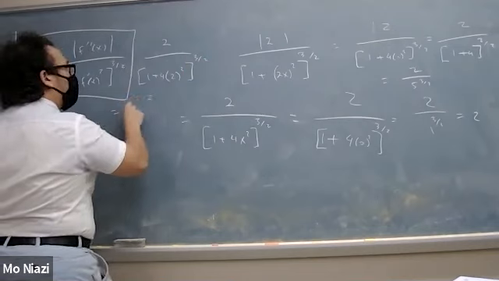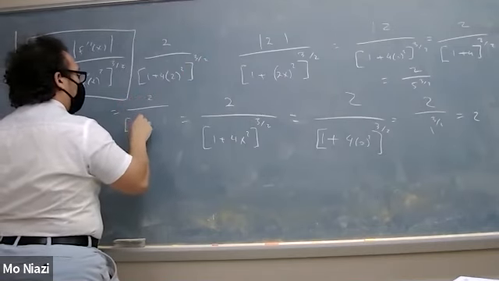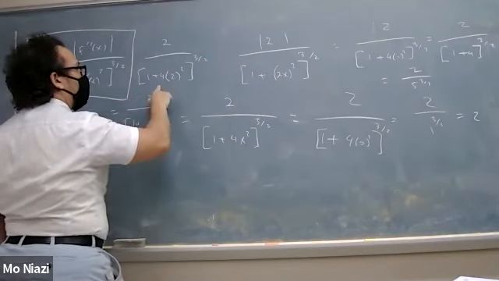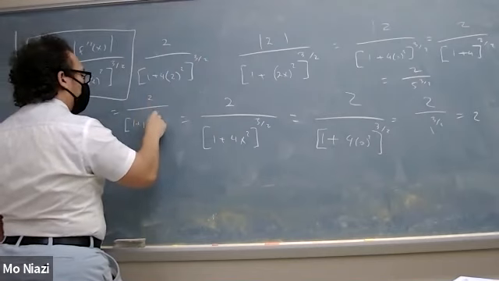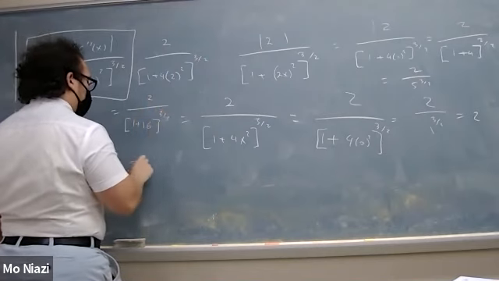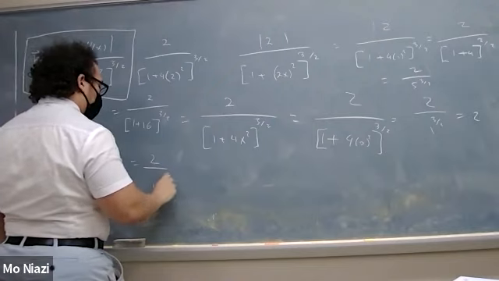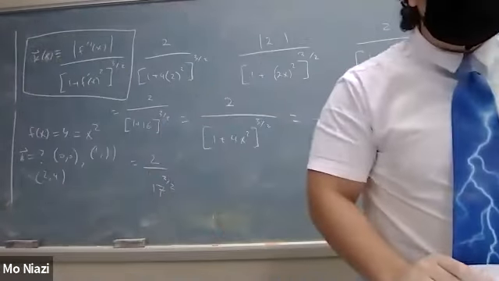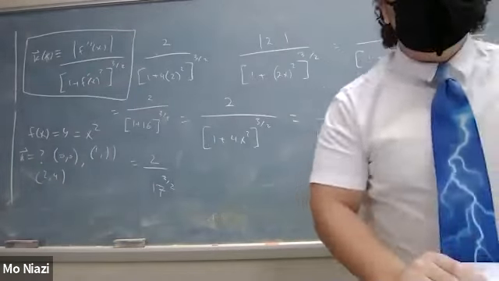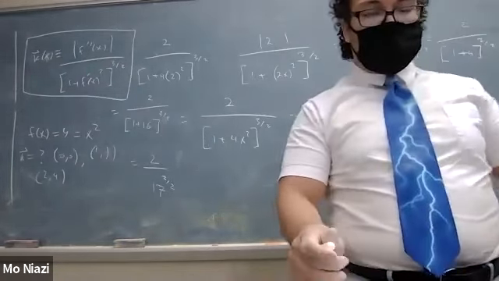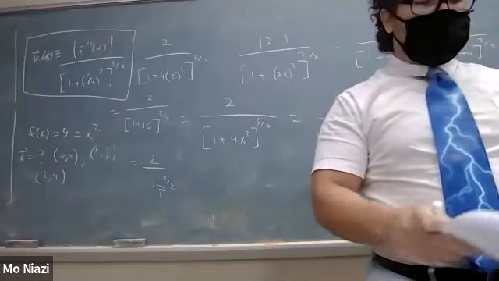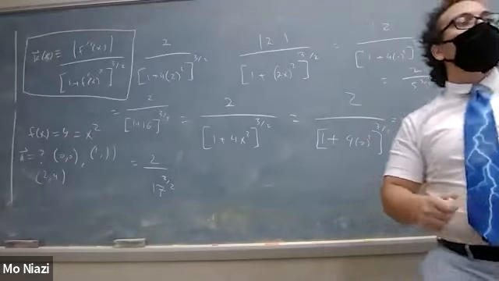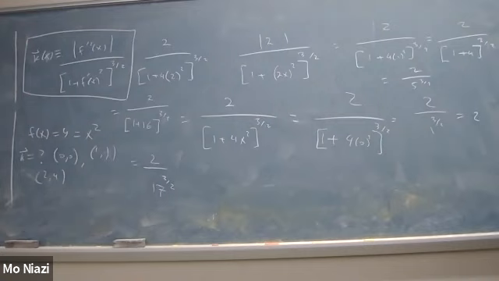So then this becomes 2 all over 1 plus, this is 4 times 4, which is 16. So this becomes 2 over 17 to the 3/2 power. Making sense? It's not that bad.